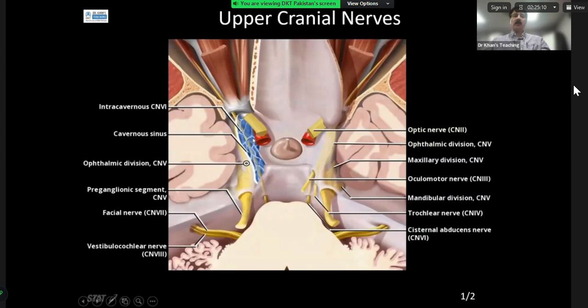And I'll show you a case, which is an exam case, which is petrous apicitis, where there is inflammation or infection at the petrous apex. You can see the anatomy here, that this is the region.